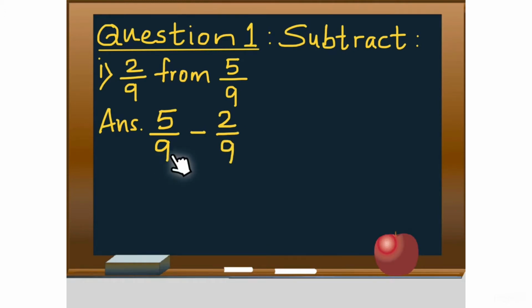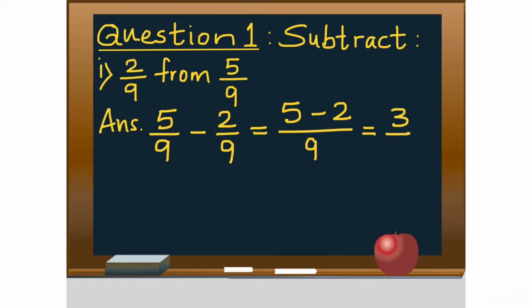Since the denominators are same, we will take the denominator 9 as the common denominator and we will simplify the numerators. 5 minus 2. This expression is equal to 5 minus 2 is 3 by denominator 9.